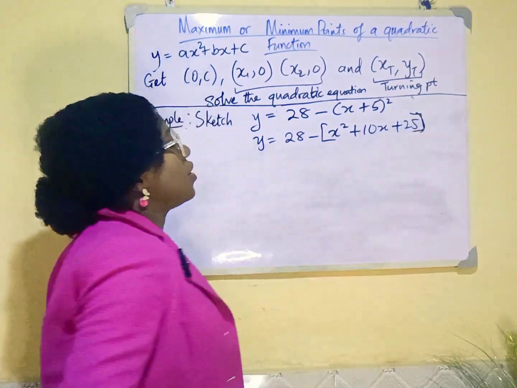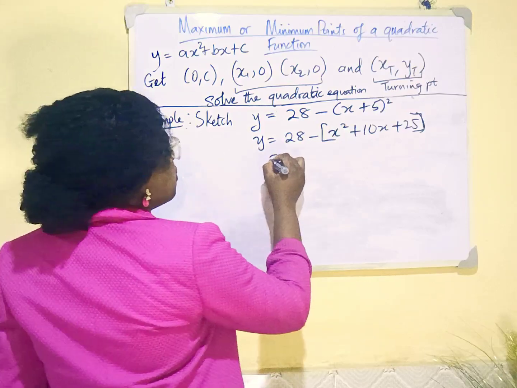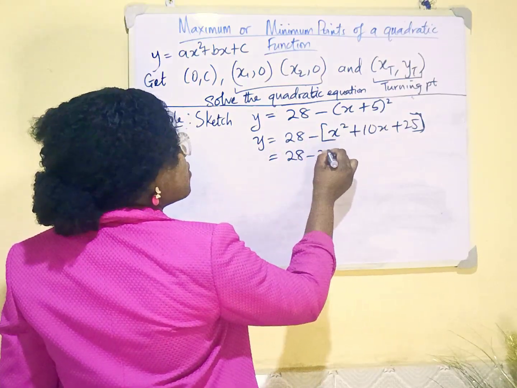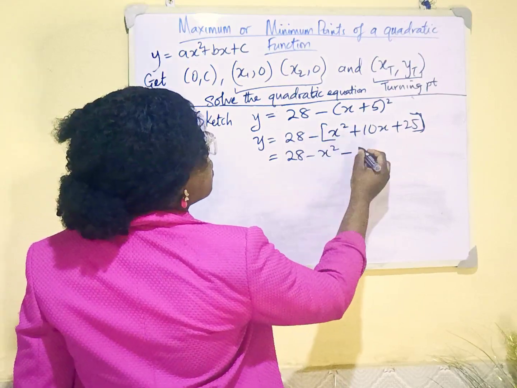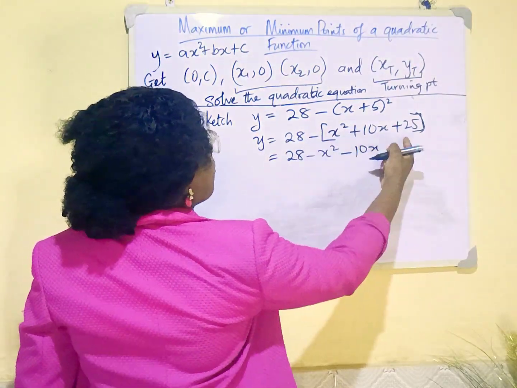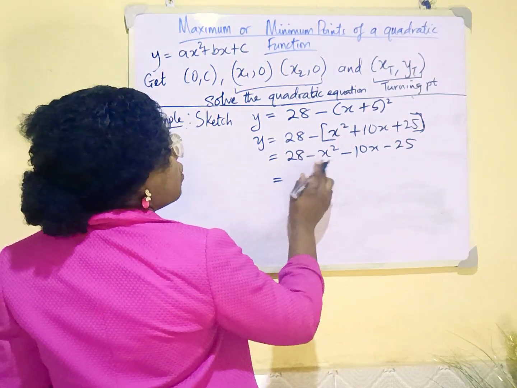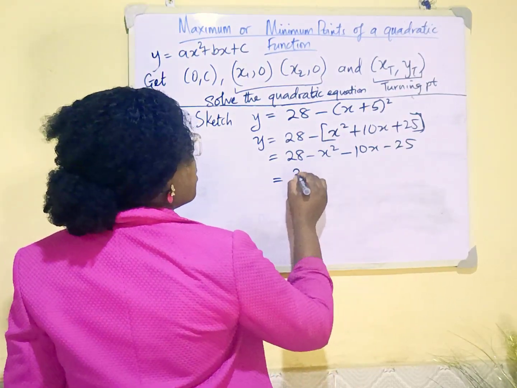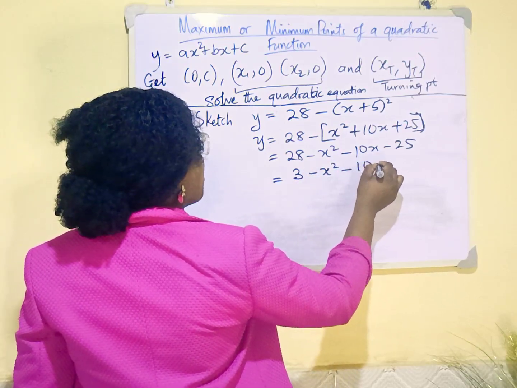You can take a pause and try to open this. You see you get this. Okay, and then this will give me 28 minus x squared minus 10x minus 25. Then this will give me 28 minus 25 is 3, minus x squared minus 10x.